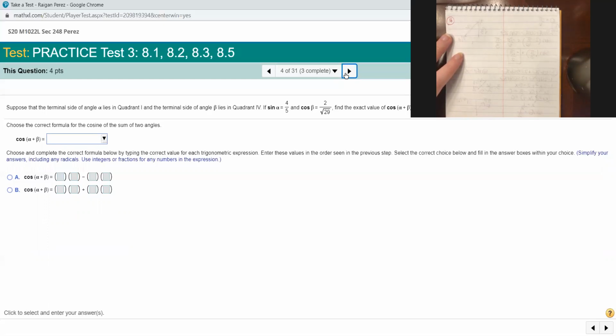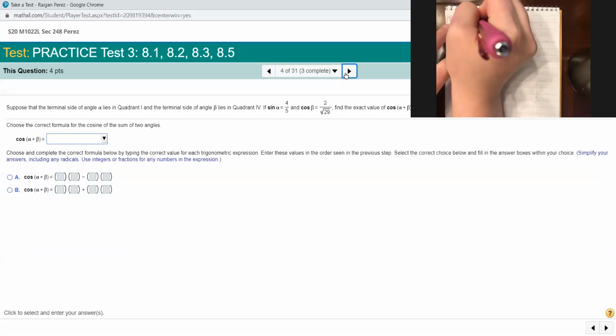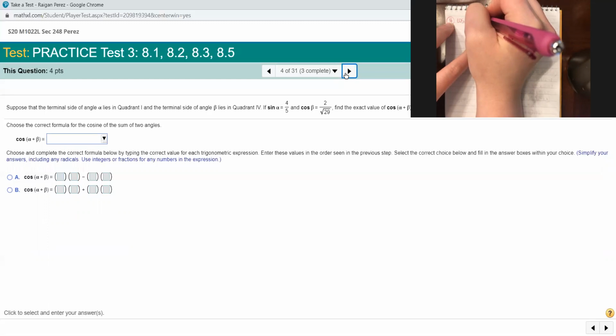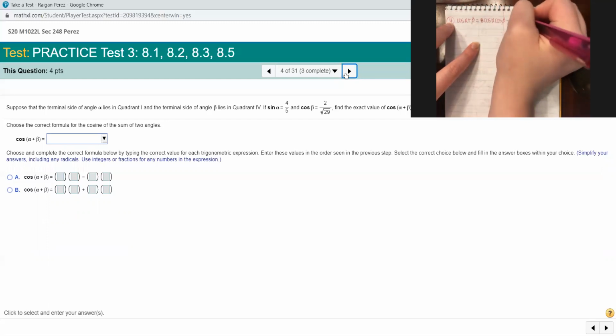So let me get my thing out. Cosine of alpha plus beta is equal to cosine of alpha, cosine of beta, minus sine of alpha, sine of beta.